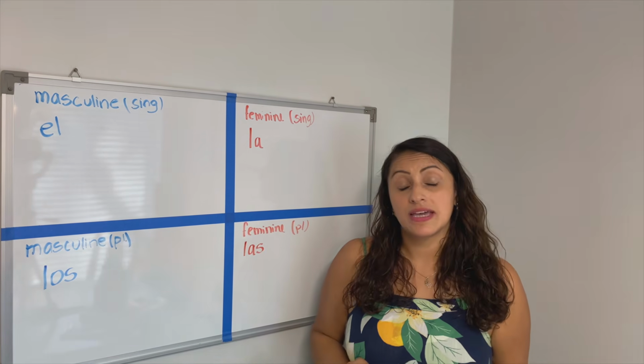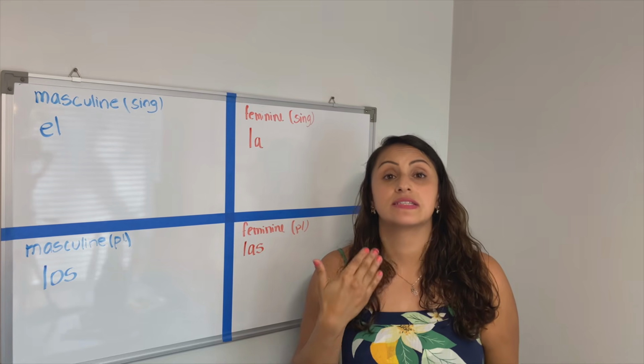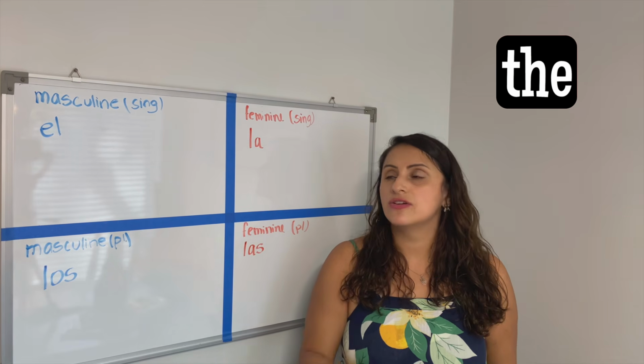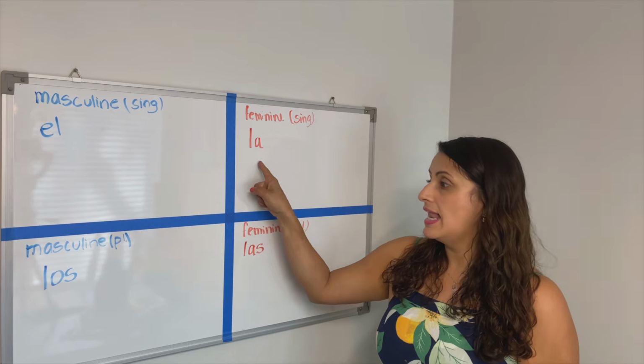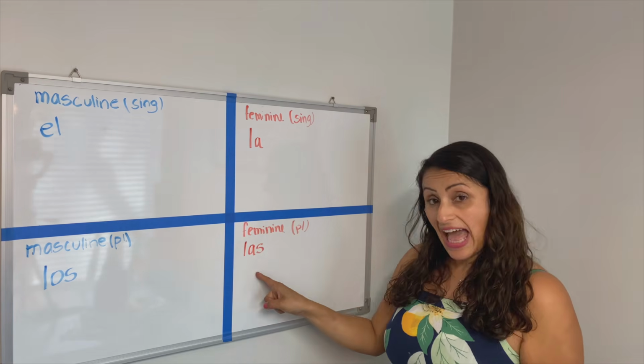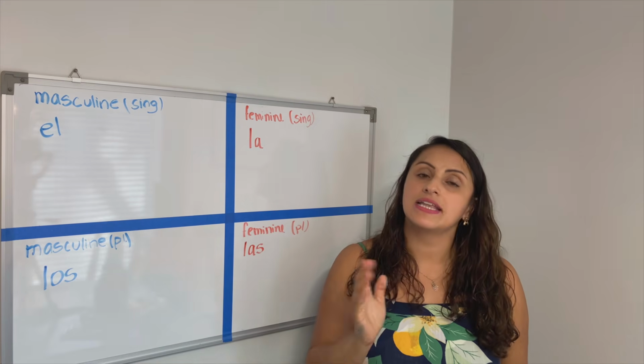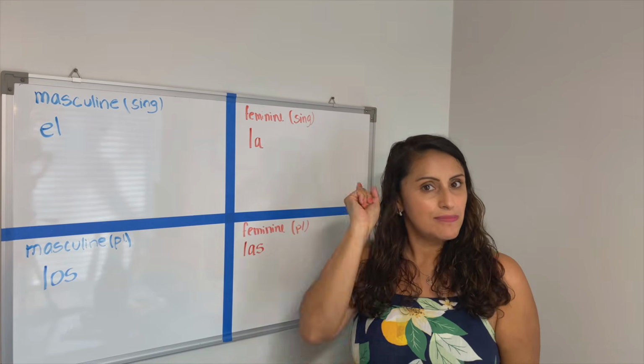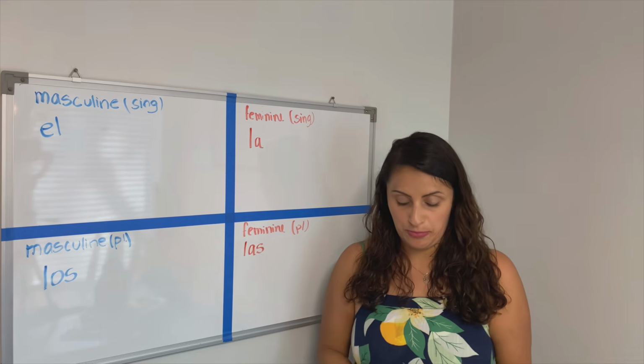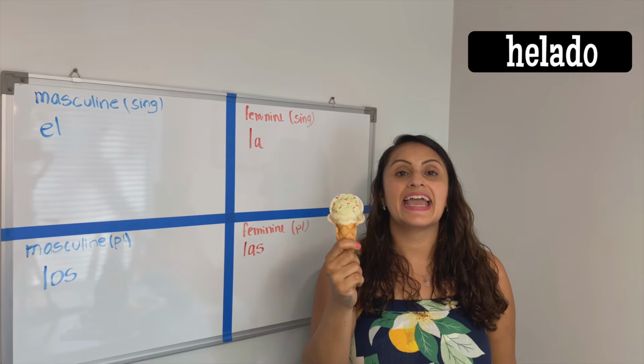So that's basically it. You just need to make sure that you remember anytime you want to say the, you have to either choose el, la, los, or las, depending on the gender of the noun and depending on how many you have. Let me give you one extra example. Look, helado.